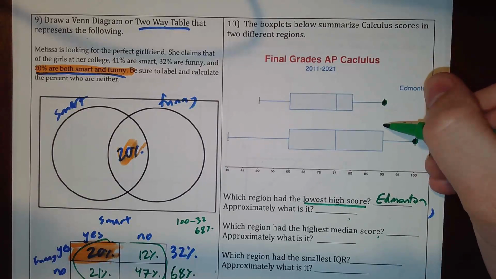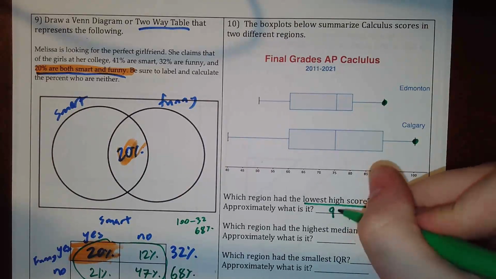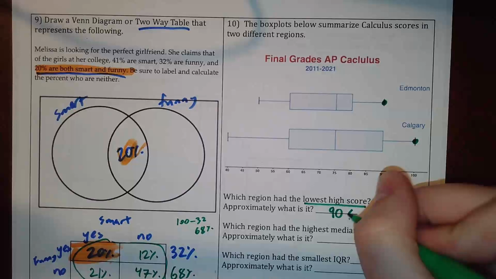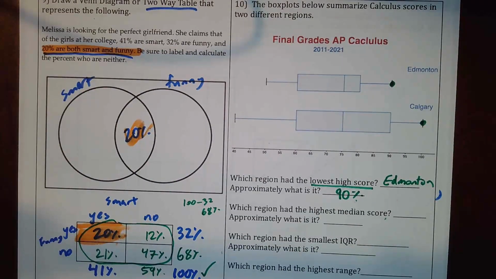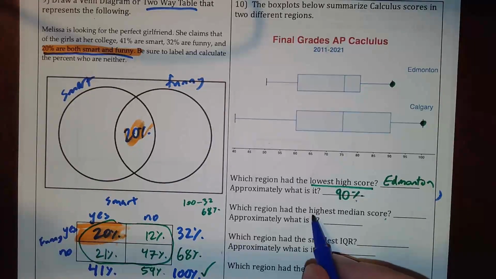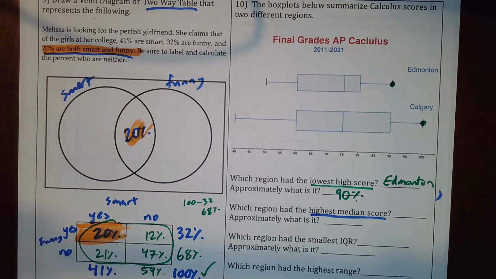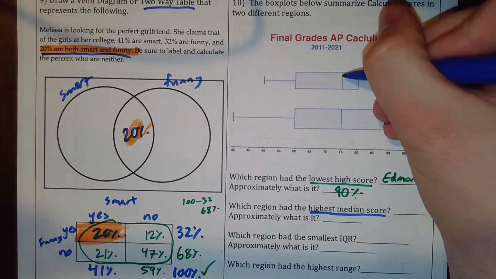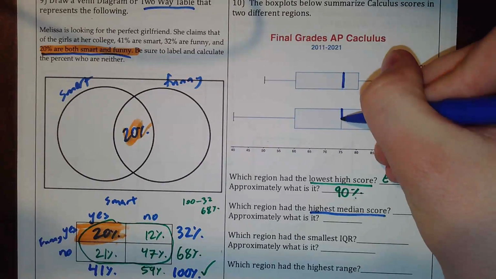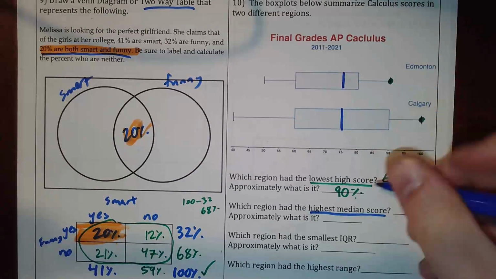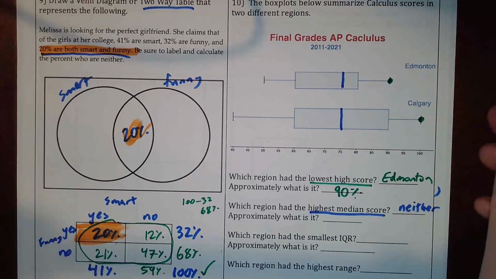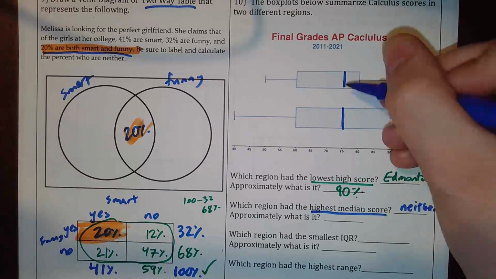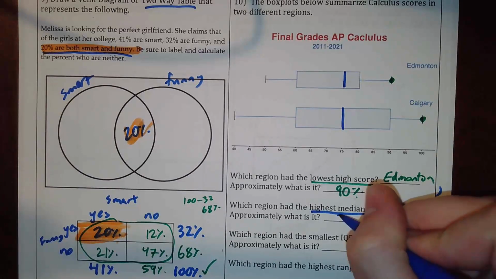If I look down at that, it looks like it's about 90%. Which region had the highest median score? The highest median score is this right there, which they appear to match. So I would say neither. They both have an equal median score of 75.